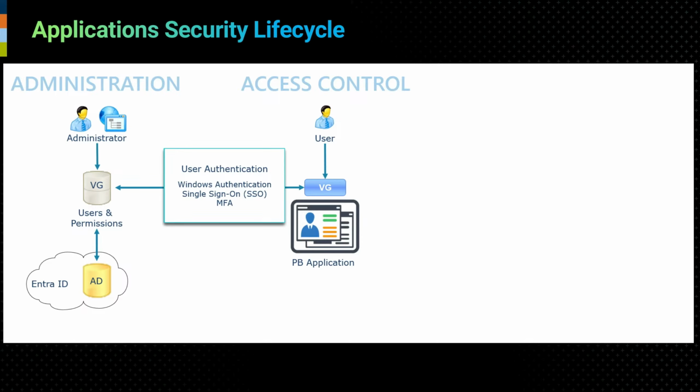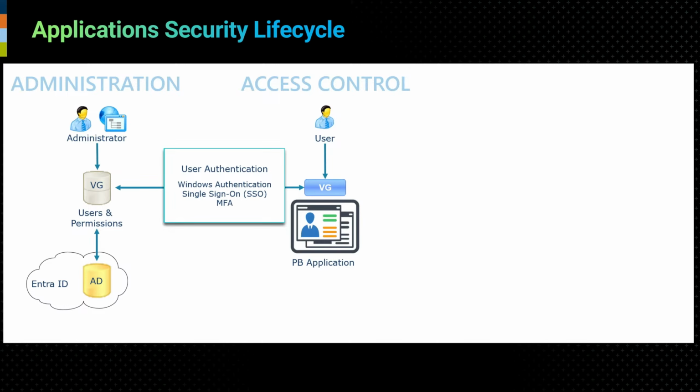And if you also enabled an MFA multi-factor authentication option, then Visual Guard will trigger the proper MFA workflow, whether it's by sending a code by SMS, by email, or using Microsoft Authenticator. There are different strategies, but that's another story. Today we'll focus on Windows authentication using Entra ID accounts.